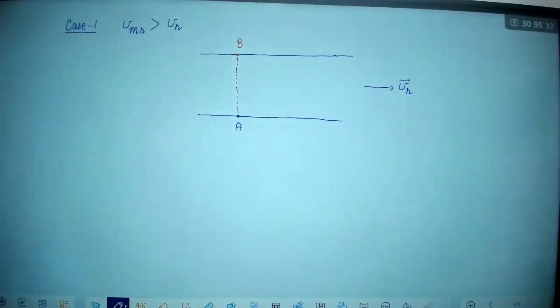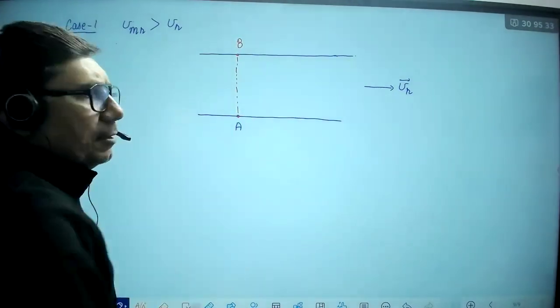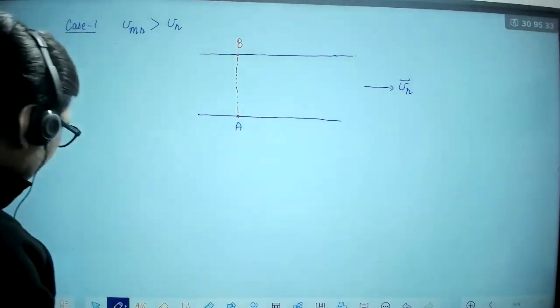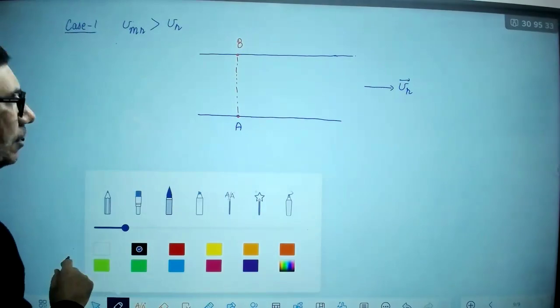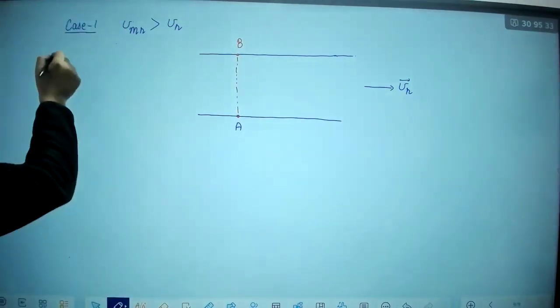Now, what is the objective of the swimmer? The swimmer will start his journey from here, and he wants to reach the opposite bank. So what is the objective?